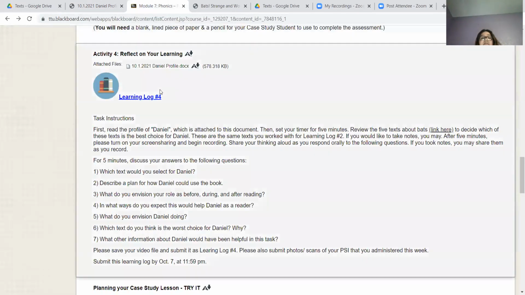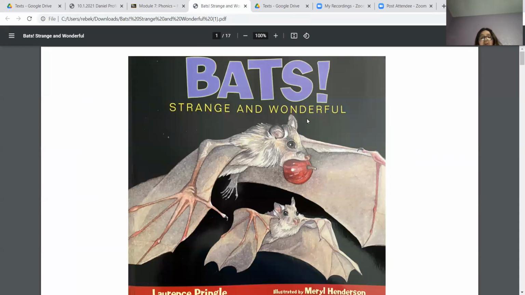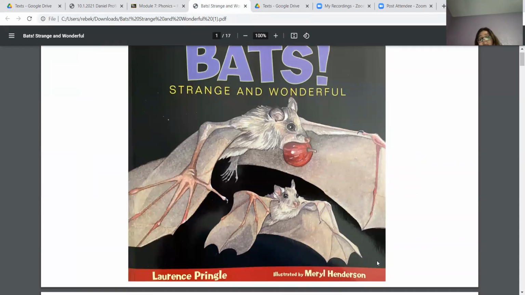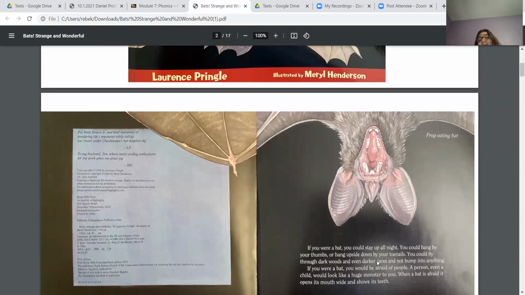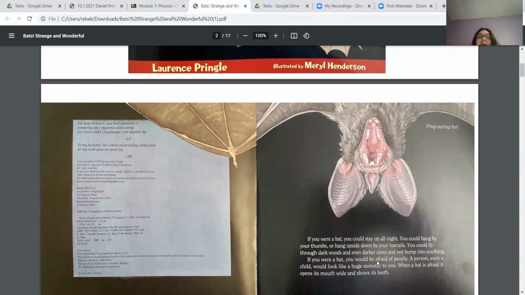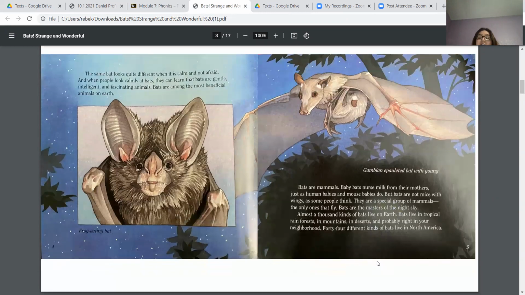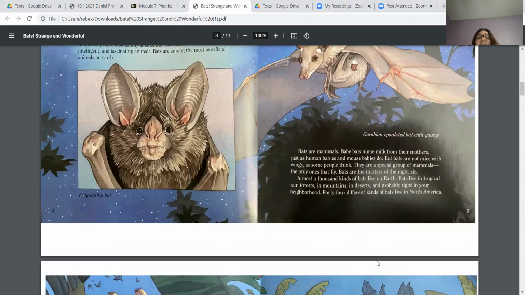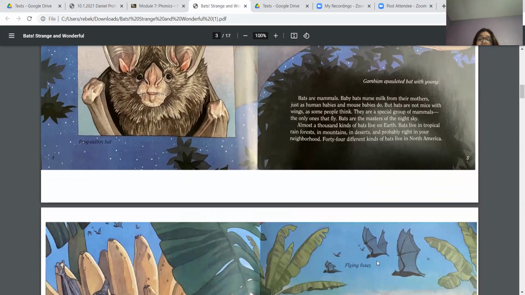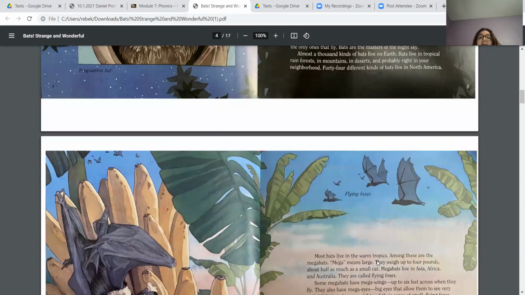I would not have him be doing Bats Strange and Wonderful by Lawrence Pringle, because it is a letter P, which is really far down. This book is almost for maybe our GT kids, the kids who need a little bit of challenge, not for a student like Daniel who may or may not be struggling to get to where he's at.